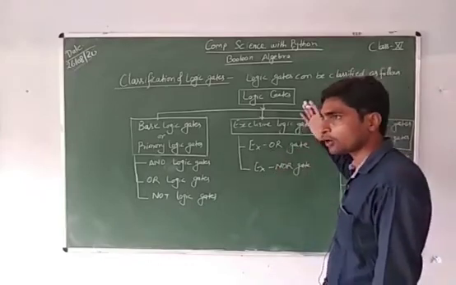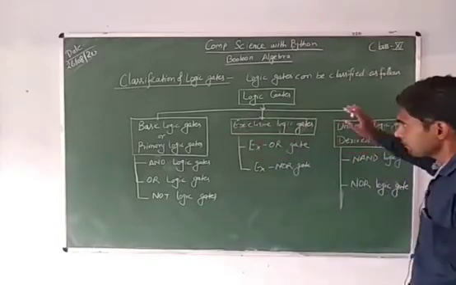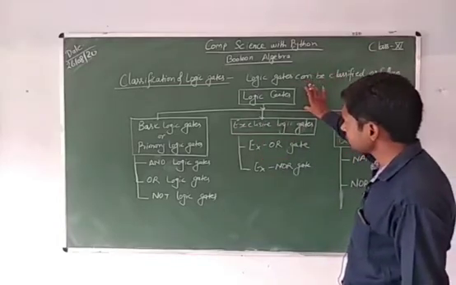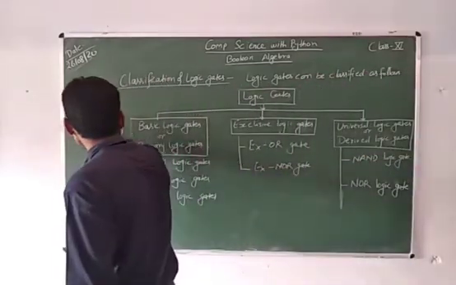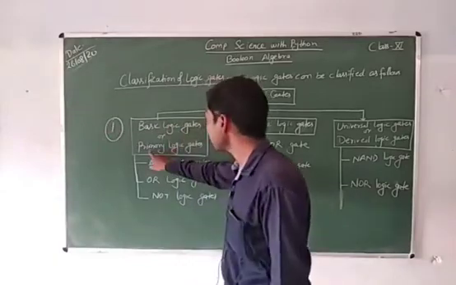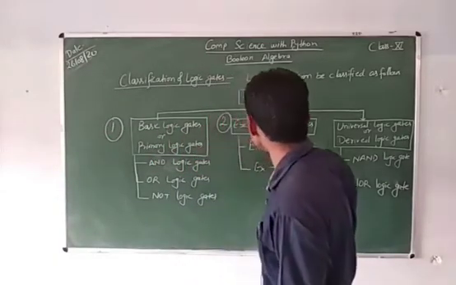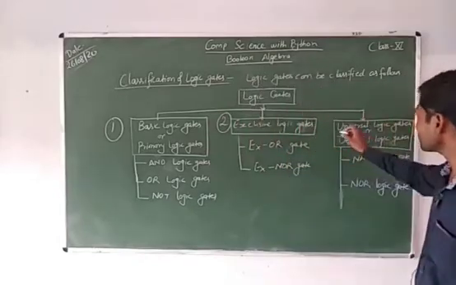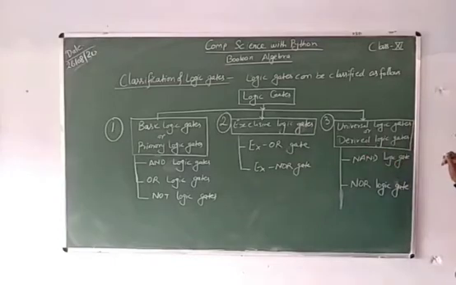Now let us see how these are divided. Basically, logic gates are divided into three parts. First, basic logic gates, we can say primary logic gates. Second, exclusive logic gates. And third, universal logic gates or derived logic gates.